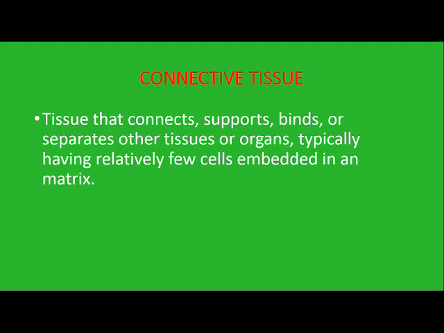Solvent is the larger part of the solution in which solute is mixed. In the same way, matrix is a background material in which different cells are embedded or hanging.